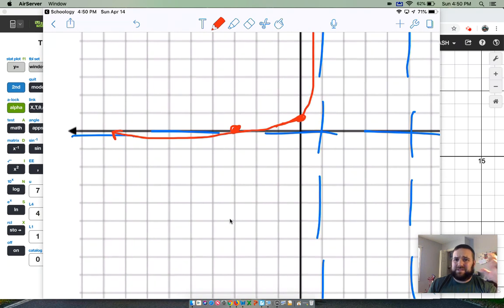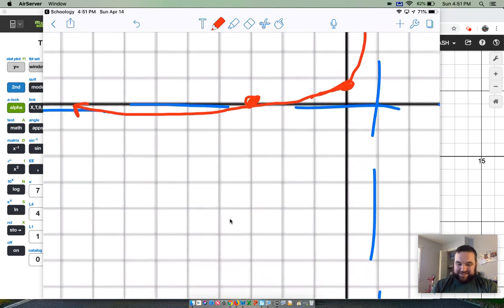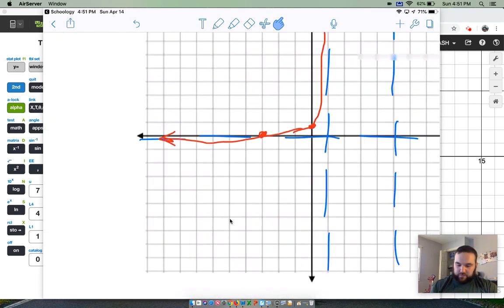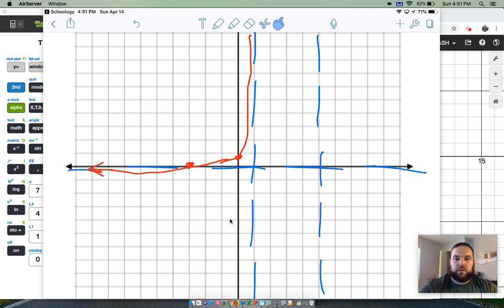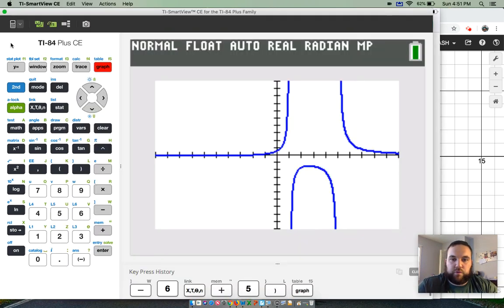And that would require Desmos to know that it goes through. But the fact that I have an x-intercept means the graph has to cross through that point. But then I also have the horizontal asymptote there. It's kind of a weird looking graph. Does something like that. The rest of it, I'm just going to rely on the calculator to show me.